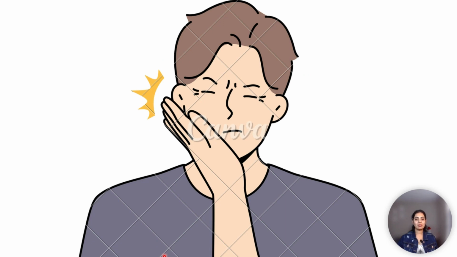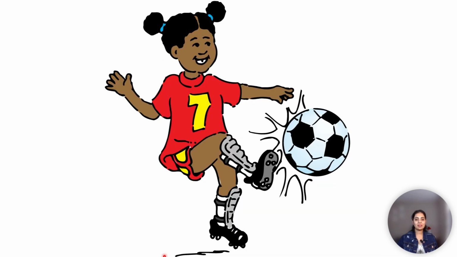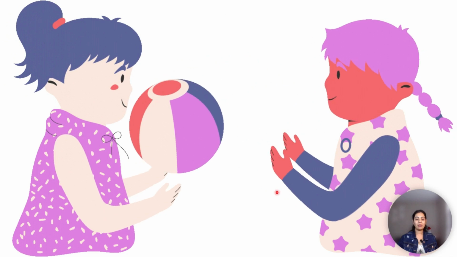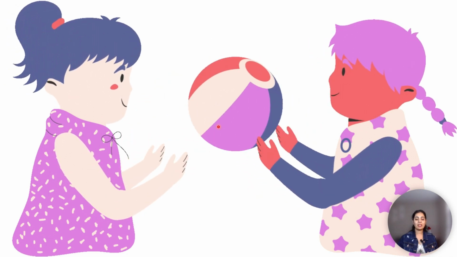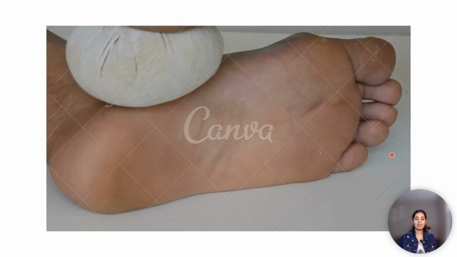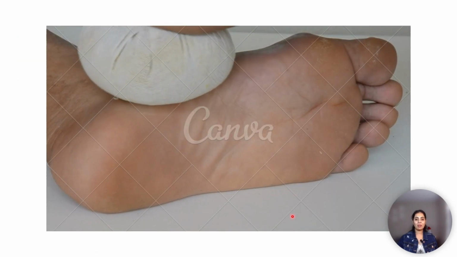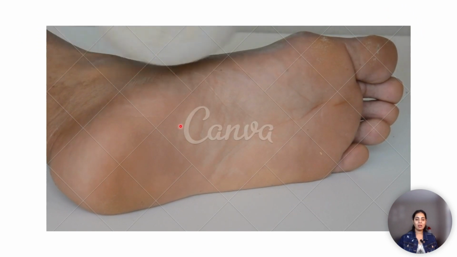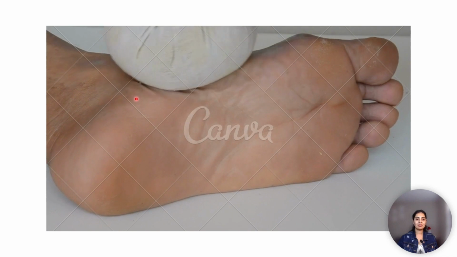Slapping the person. Example of force. Kicking the ball. Here the force is applied on the ball. This game you might have played in your childhood. Catching the ball is an example of force. Here compressive force is applied on the leg.